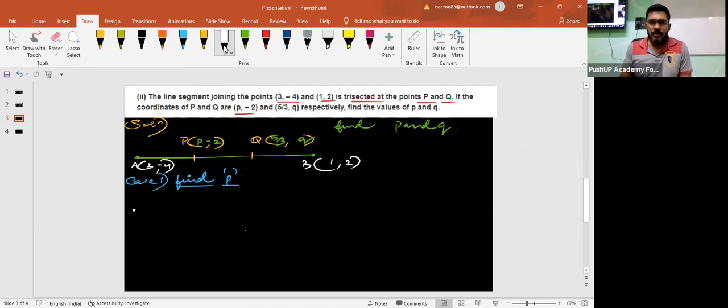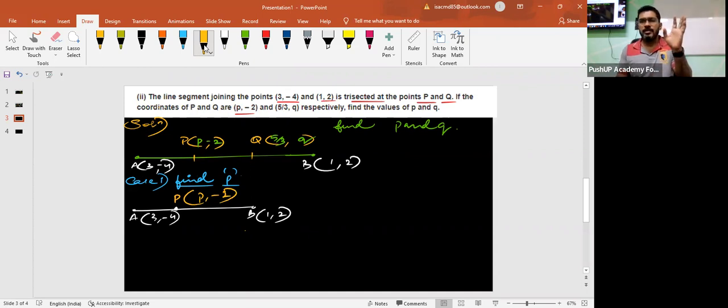Here, you know the line segment AB, 3, -4 and 1, 2, is separated by a point P whose coordinates are given as p, -2. Now you know P and Q are points of trisection, which means it is dividing AB in the ratio 1:1:1.